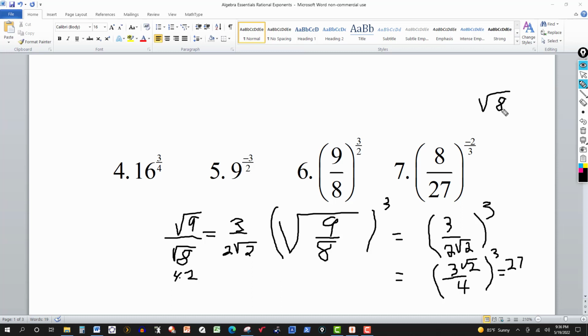But again, 8 can be written as 4 times 2. So the square root of 4 is 2, that comes outside, and I'm left with the square root of 2 there. And then in the bottom I'll have 4 cubed, that's 64.